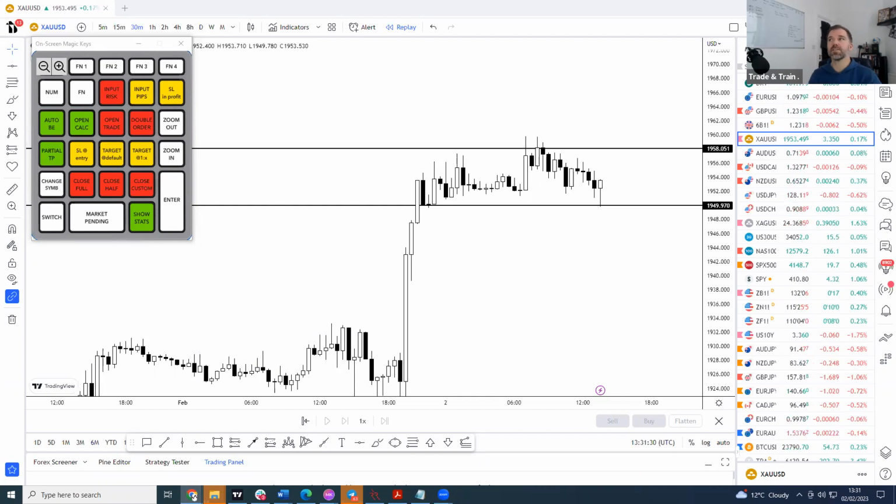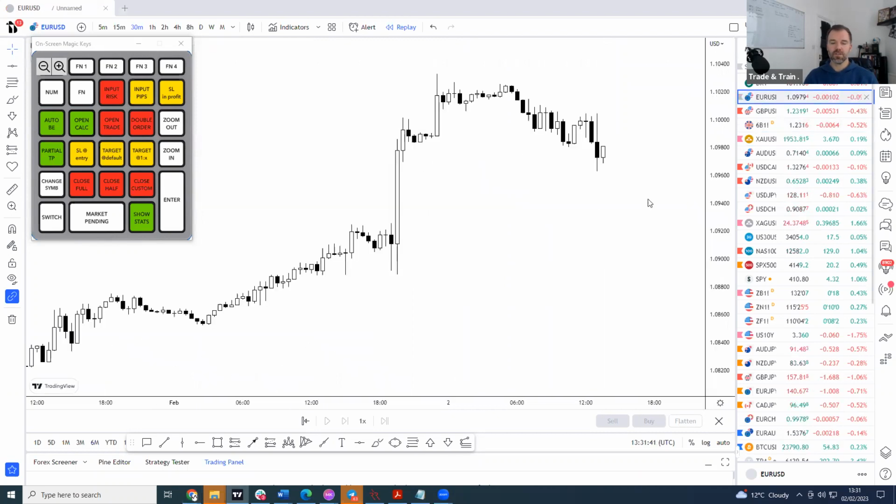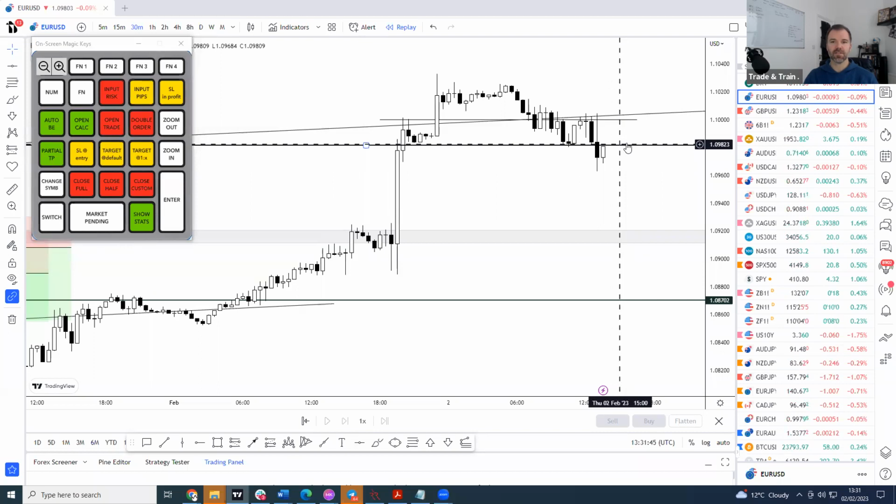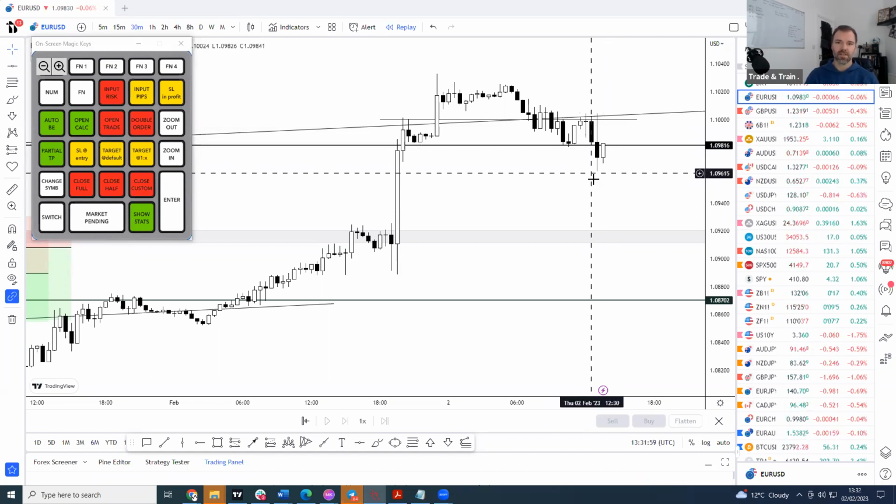So on that note, guys, I still like euro shorts, gold shorts underneath here, euro shorts underneath the low of that candle. So if you're aggressive now, this is what I'd be saying. In fact, look, I've just gone live euro short at reduced risk, and then I'll put the other half on underneath the low of this.